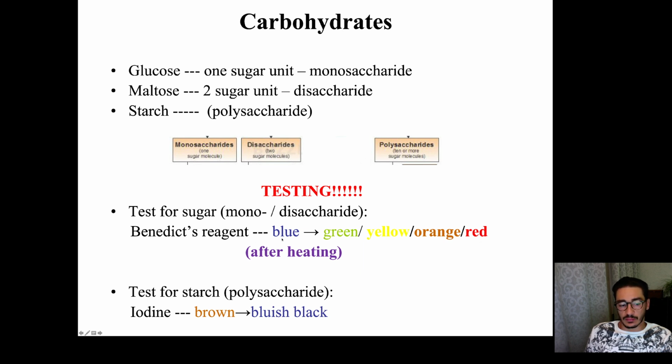When you add the Benedict reagent to your substance, the more sugar there is, the more red the color is going to be, from green to red, but after the heating. And the test for polysaccharides uses iodine. It's going to go from brown to bluish black, a very dark color.